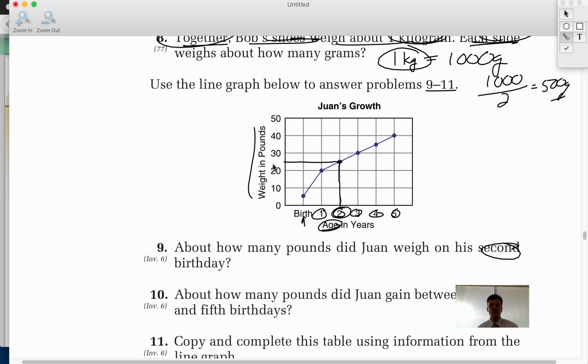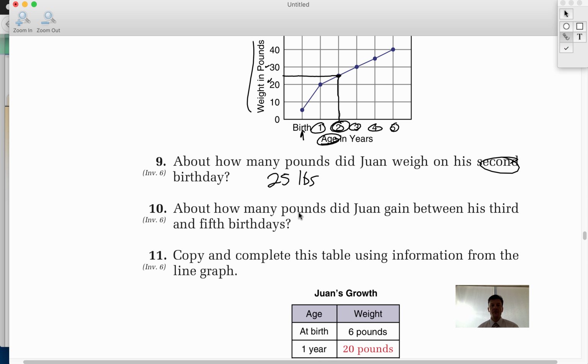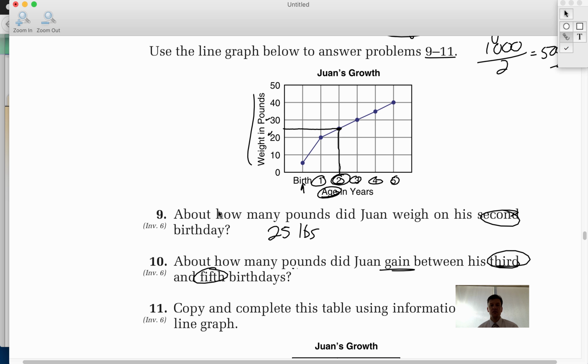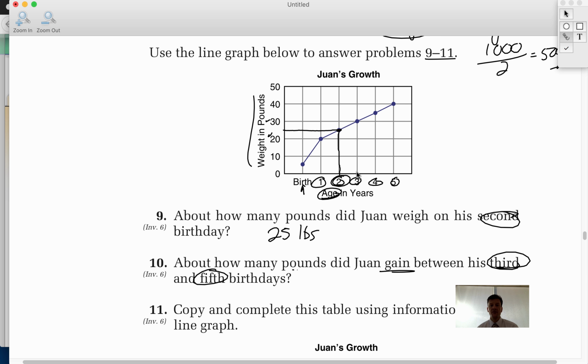It looks like it's between 20 and 30, so we would estimate 25 pounds. How many pounds did Juan gain between his 3rd and 5th birthday? On his 3rd birthday, he was 30 pounds. On his 5th birthday, he was 40 pounds, so he went up 10 pounds.